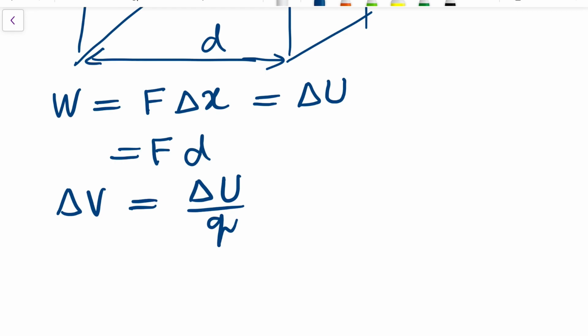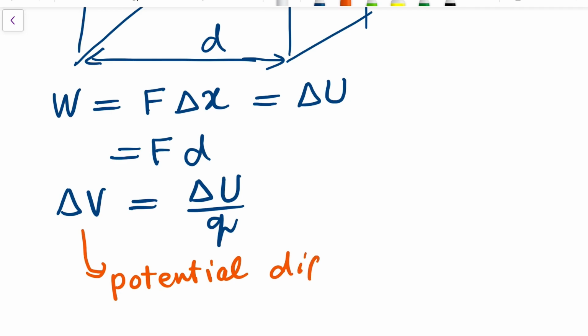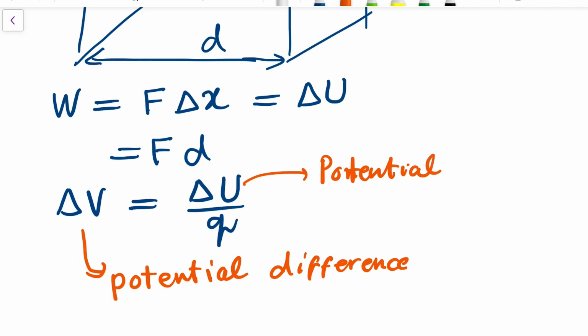So we should notice that these two are different. This is potential difference, and this one is potential energy difference.